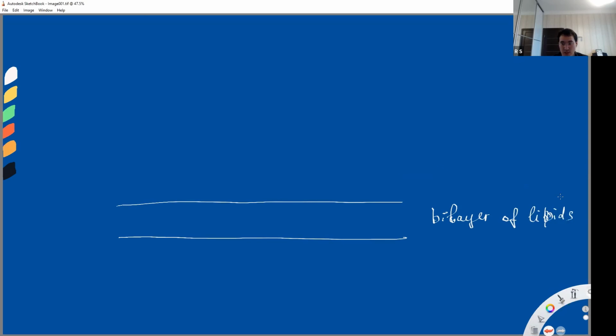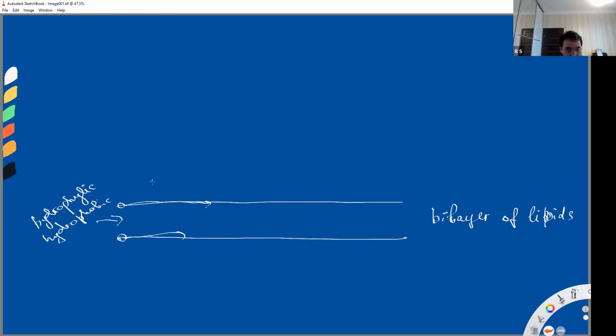This part and this part are hydrophilic, which means they like water. This huge part is hydrophobic, full of fatty acids. And not everything goes through both of these layers.